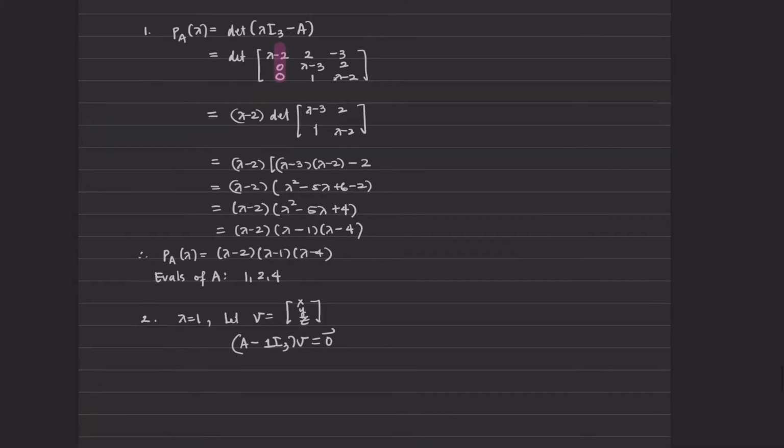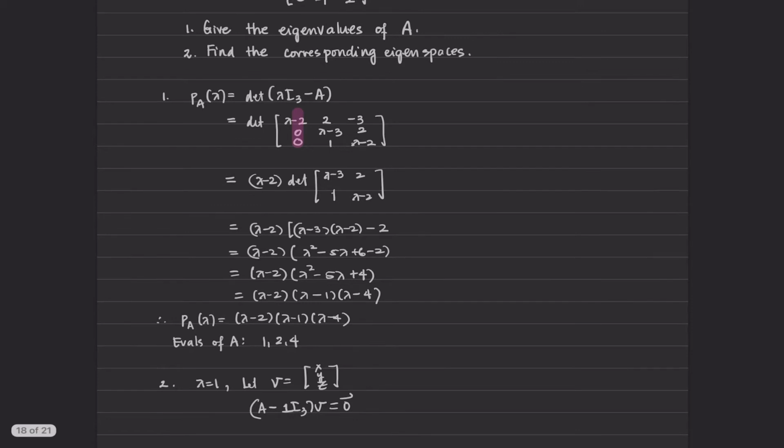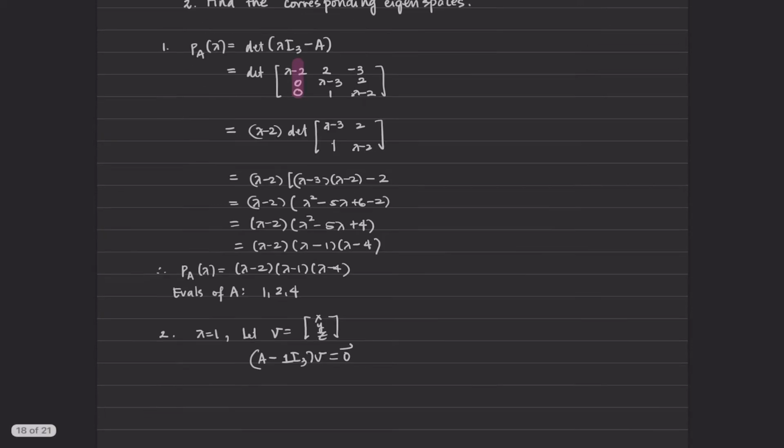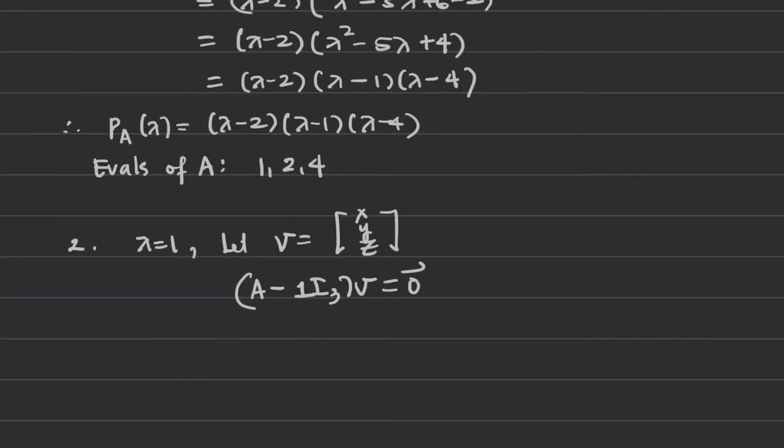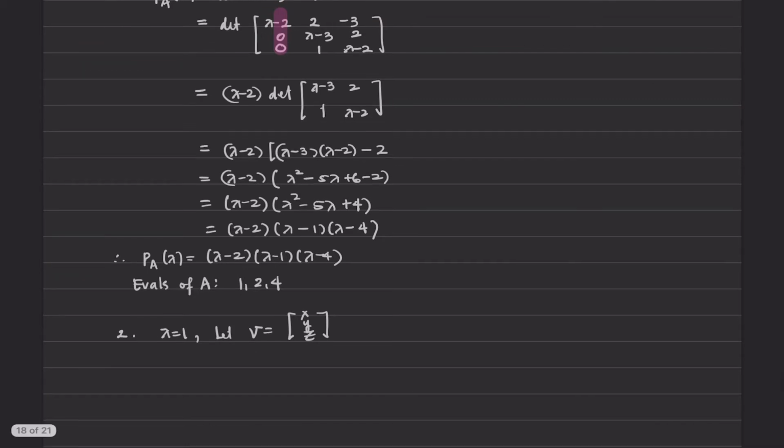Okay, anong lalabas? Or pwedeng ganito na lang para mas mabilis, para hindi tayo paulit-ulit nagko-compute. Substitute nyo na lang yung 1 dito. Okay. So, pwede namang lambda I3 minus A instead na A minus lambda I3.